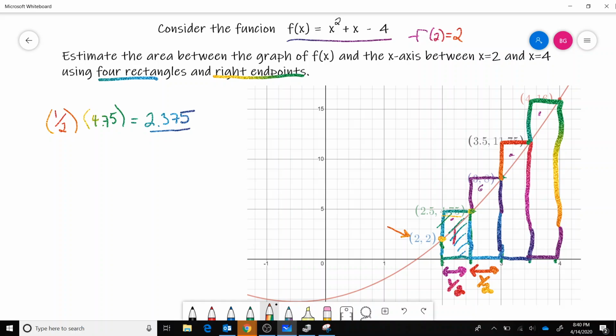The next guy right here, I'll call him number 2, he has a base of 1/2, and he's got a height of, it looks like 8. And so he's got an area of 4. The third rectangle over there has a base of 1/2 again, and he's got a height of 11.75.